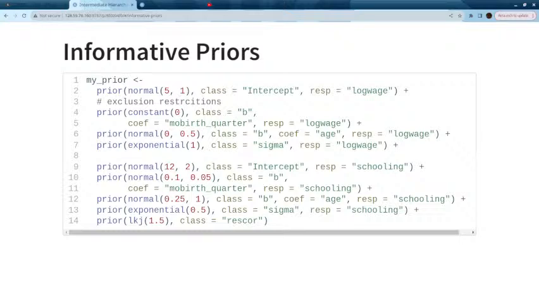Because there are 2 outcome variables, like log wages and schooling, that are being modeled, we have to specify the RESP argument to indicate what part of the model we're talking about, which we haven't had to do before, but it's not particularly hard.